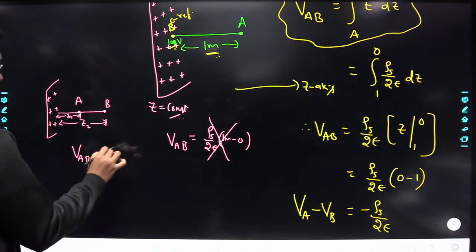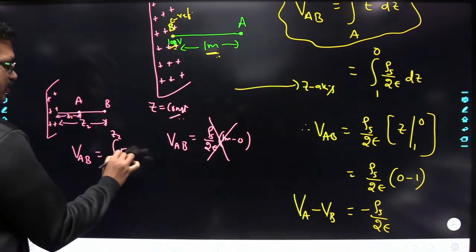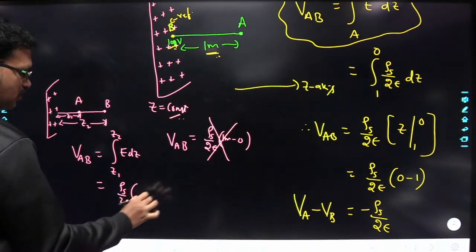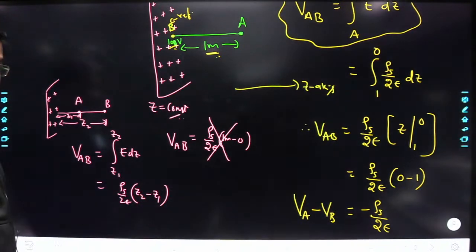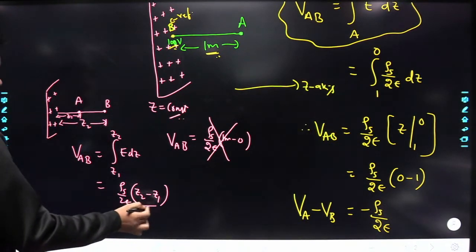So in this case we got the integral from Z1 to Z2 of E dz. So here we got rho s by 2 epsilon into Z2 minus Z1. Understood? Here Z2 is greater than Z1, so you got a positive value.